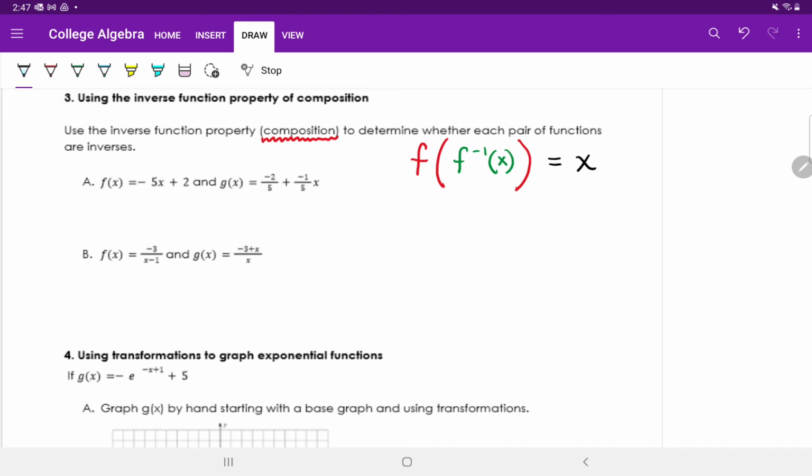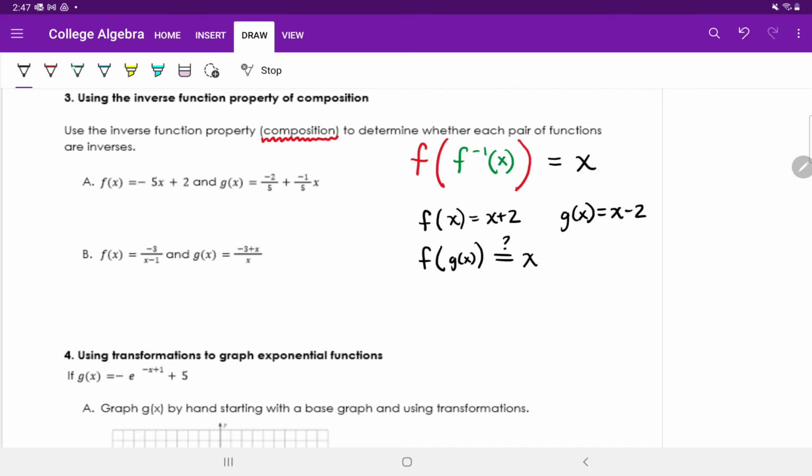So for instance, I'm actually going to do an example here. If we start with this problem, f of x equals x plus 2, and g of x equals x minus 2. If I want to know whether these two things are inverses, then we can take f of g of x, and if this is equal to x, then they're inverses.